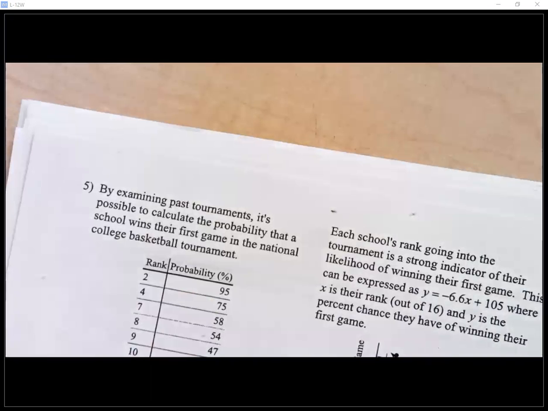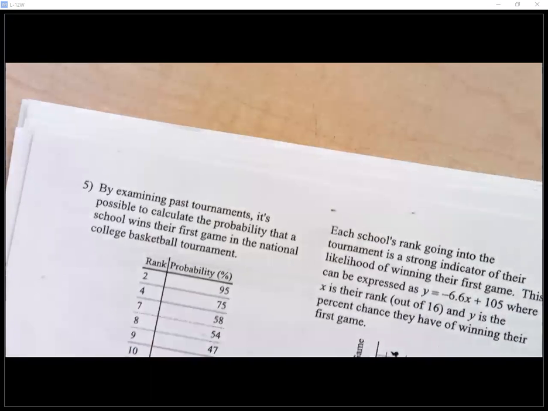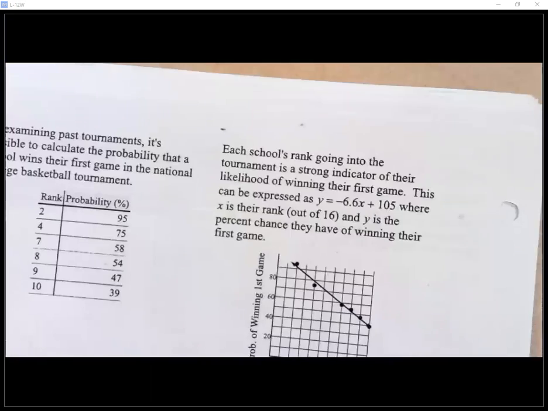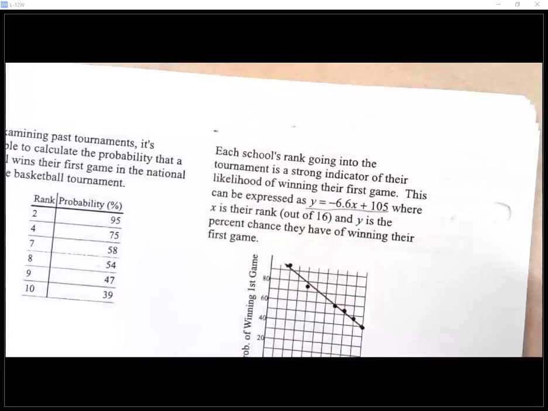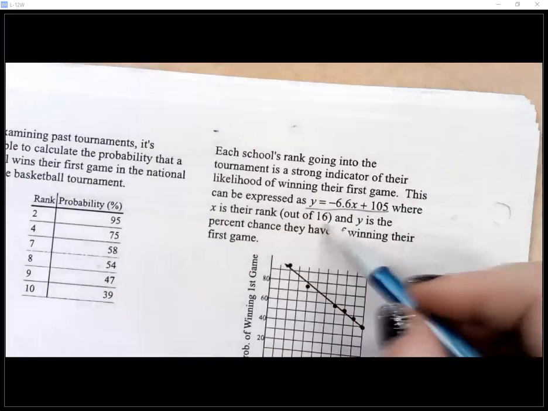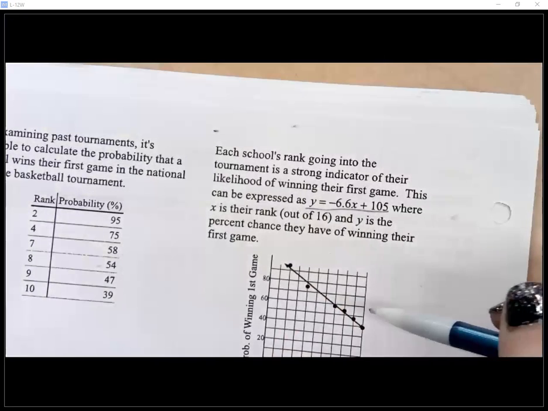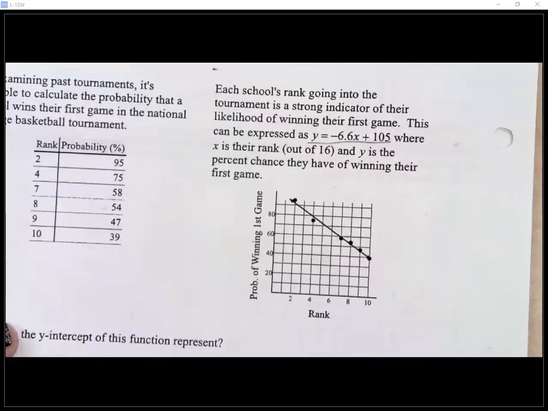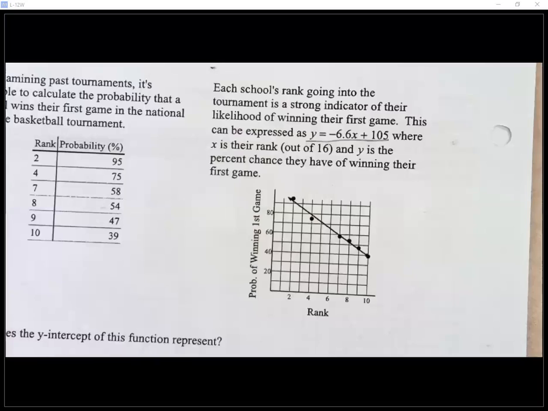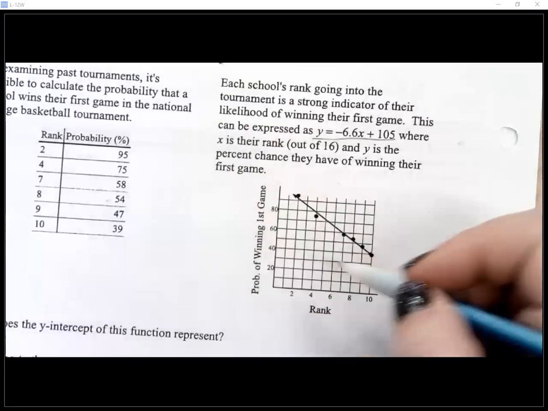This can be expressed as, and then they give us the function right here, where X is their rank out of 16, bless you, and Y is the percent chance they have of winning their first game. So what they have done is they have already taken that data and made a scatter plot of it for us. All right, great. So now we have to answer these questions.